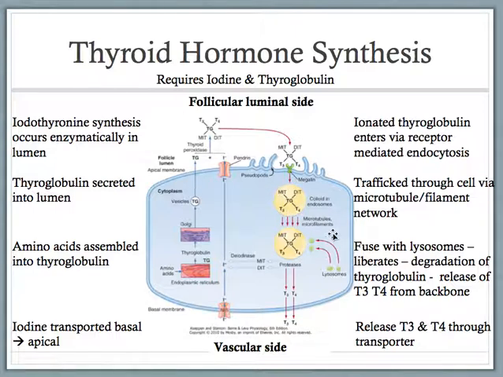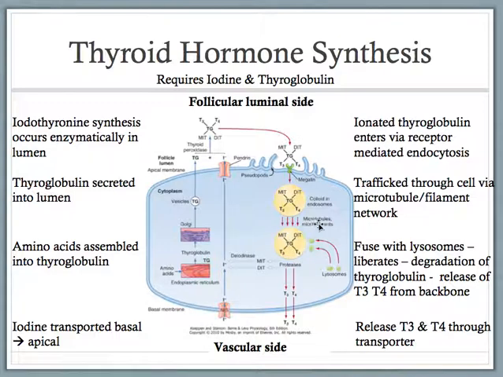Then we have a simple process where the lysosomes of the cells will help to digest, essentially, this big structure to liberate the T3 and T4 off of this backbone. So we can't release this in the body, this really large thyroglobulin. This isn't going to be able to do anything.